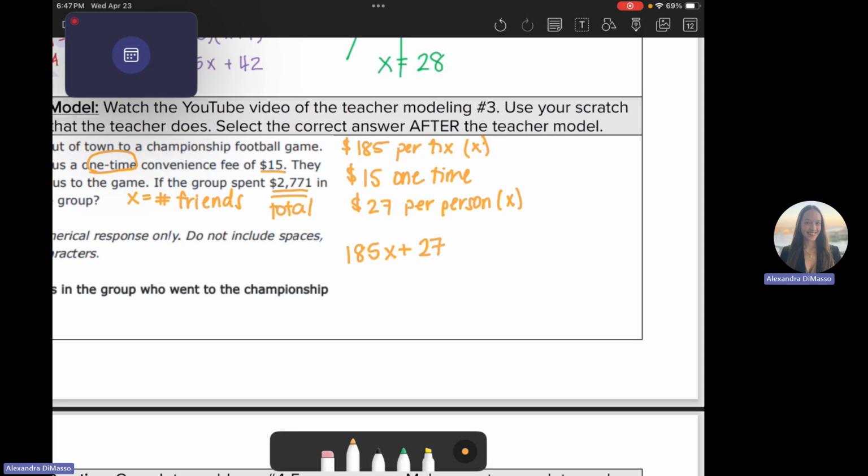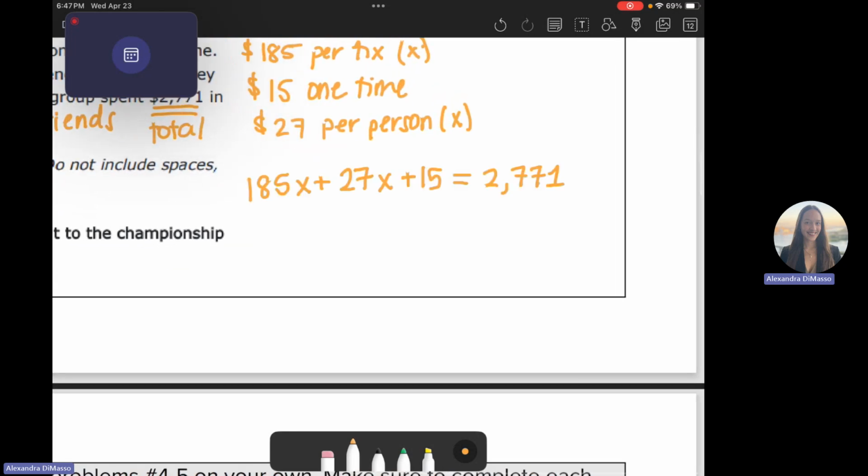So again, 27 times X, plus I have a one-time fee, and that's just a one-time, it's not per person, it's just a one-time fee of $15. And in total, I know this whole thing should equal $2,771. So I've got my equation, and now I'm going to solve for X.